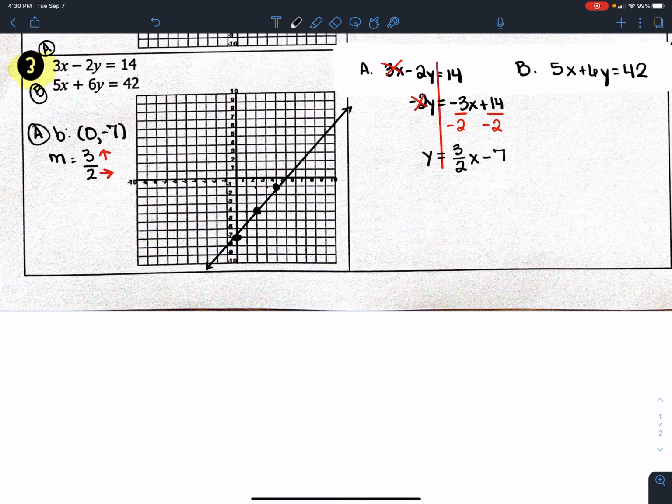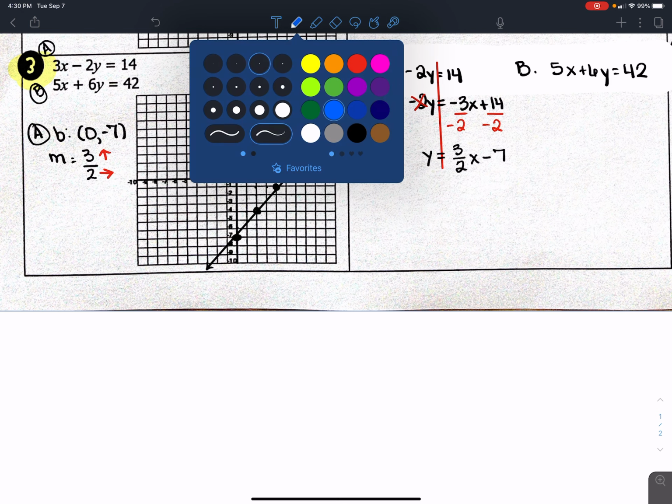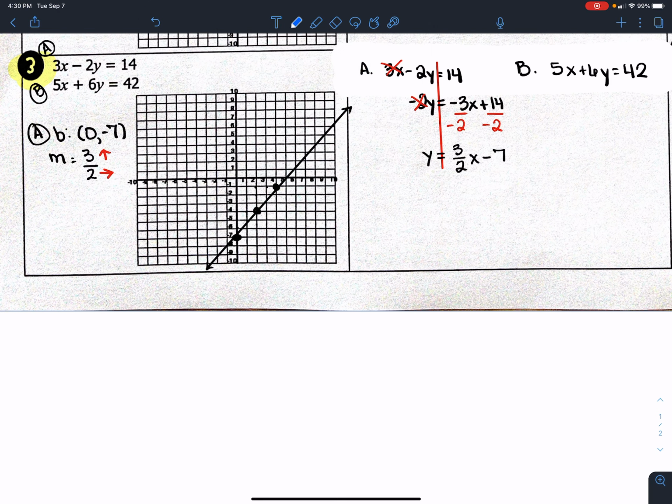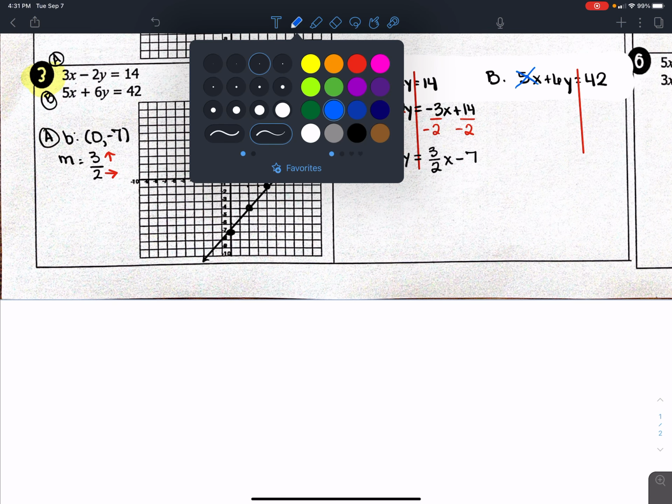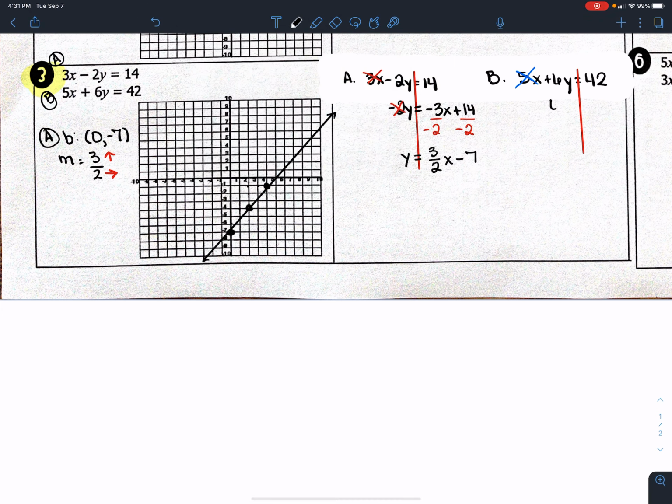So now we're going to do equation B. Well, equation B, same thing here. We are going to move things over so that we can get that y by itself. So I don't need 5x on the left side, so I'm going to move it to the right side. So I will have 6y is equal to negative 5x plus 42.